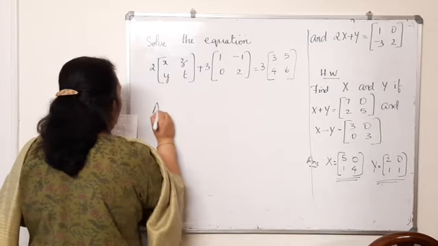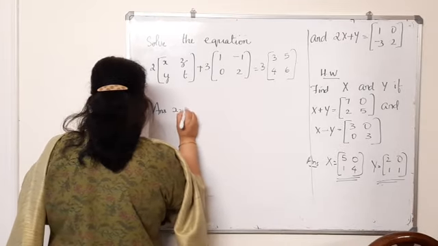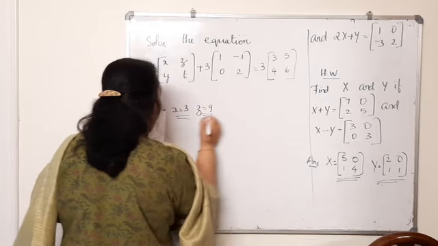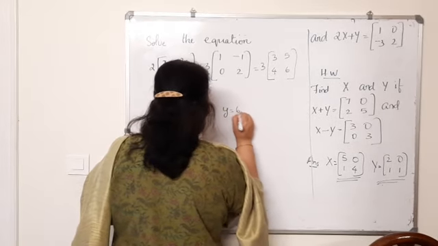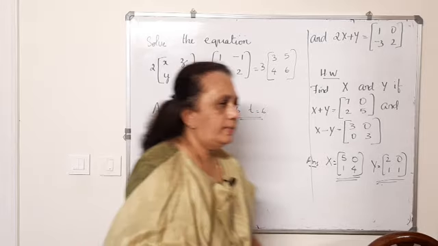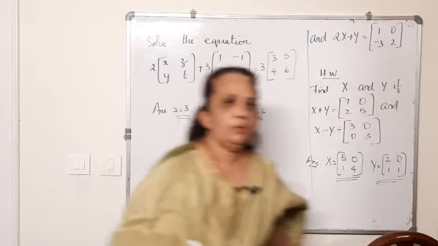Answer is x is equal to 3, z is equal to 9, y is equal to 6, t is equal to 6. So 2 questions I am leaving as an assignment.